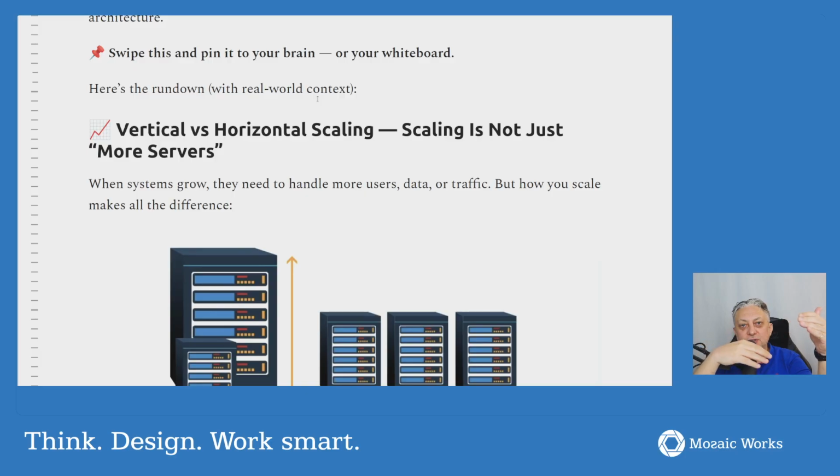When you choose a solution over another solution, you're making a trade-off. You're trading, for example, performance for security. This is a very common trade-off. How do you get more security?